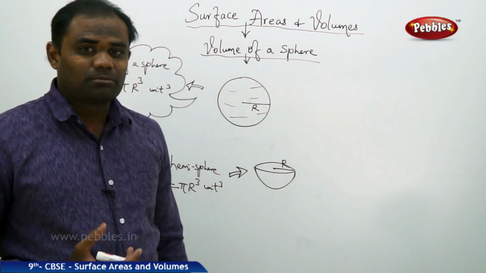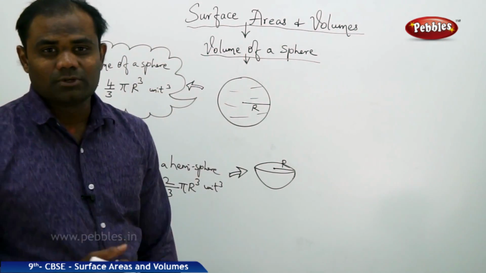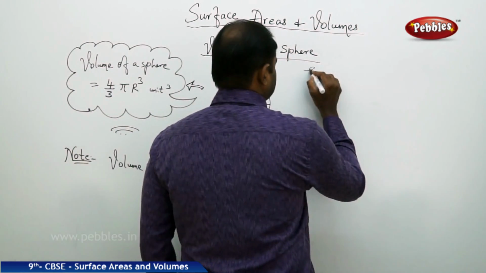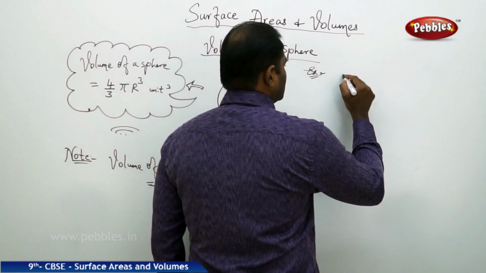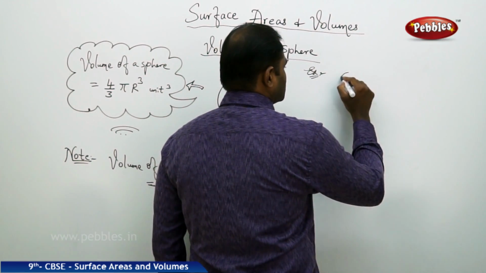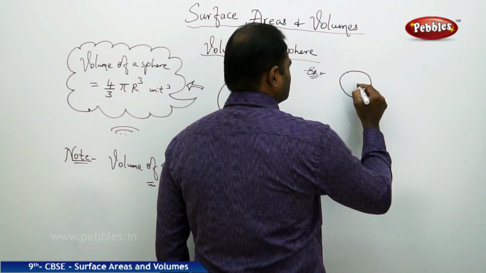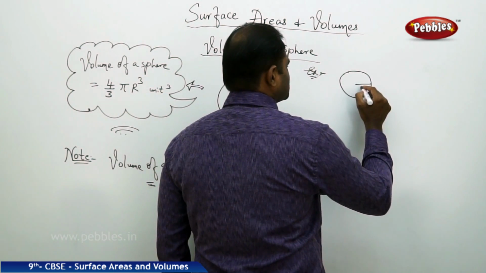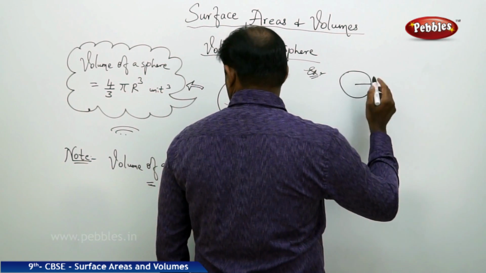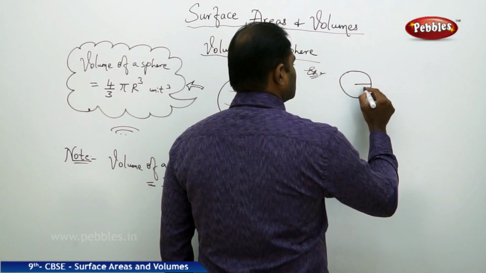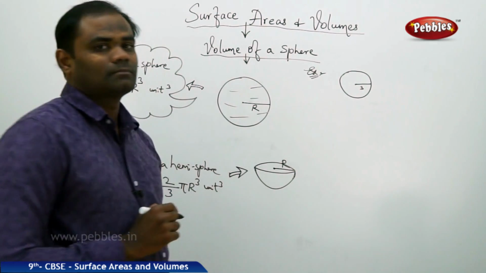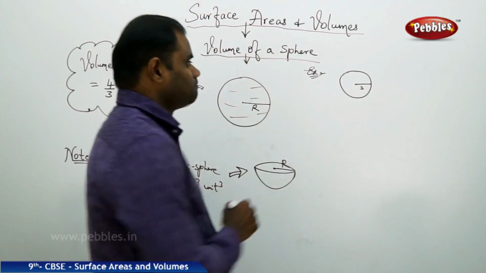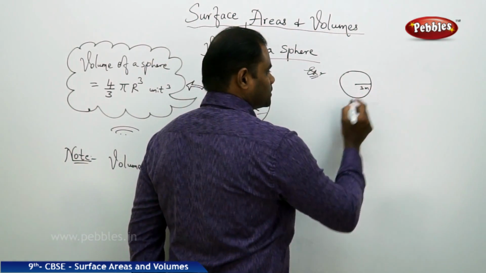Let's see an example problem to understand the concept more strongly. For example, I have a sphere whose radius is, say, 3 meters.